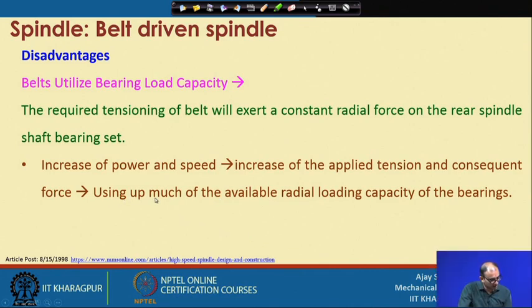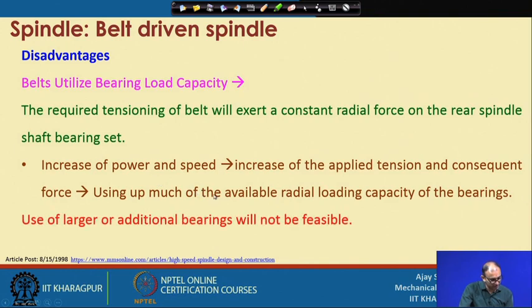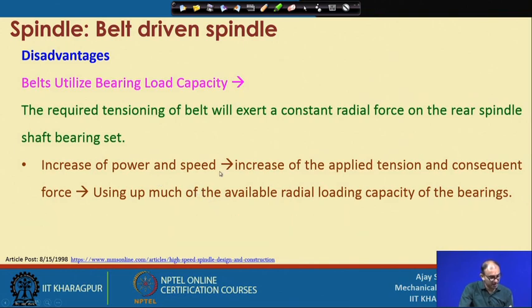This uses up much of the available radial loading capacity of the bearing, because bearings are designed for a radial force and a thrust force. If you stay within the loading capacity, there is no problem, but if you tighten continuously to extract more power and speed, most of the radial load carrying capacity will be completely consumed by this tensioning alone.